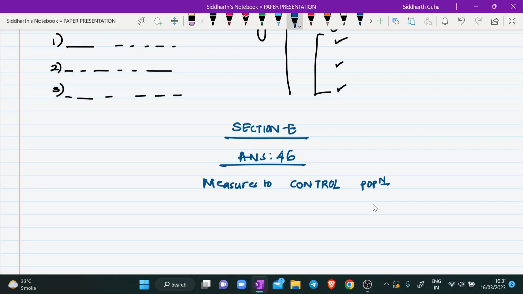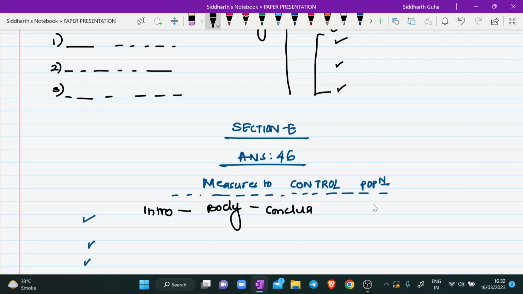Write it at the center of the page and then start. Remember this is section E, so there should be 3 parts in the answer: introduction, followed by the body of the answer, and then the conclusion.